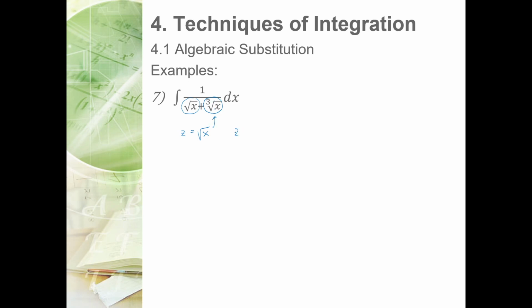Or if you're going to let z be the cube root, you cannot replace the square root also. They are different radical expressions. So one technique here, for you to be able to simultaneously substitute your z parameter, is to declare it as one variable. So how do we do that? First we're going to get the LCD of the radical expressions.